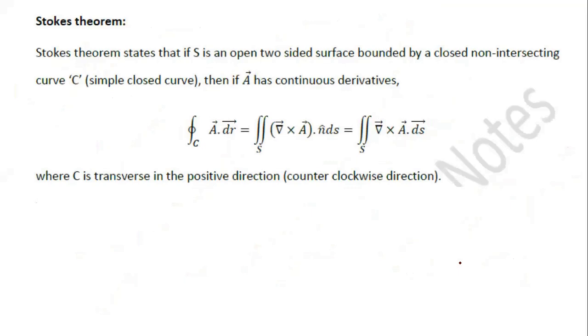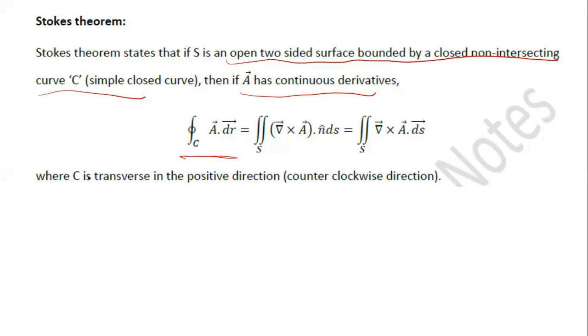So here, if I have an open two-sided surface bounded by a closed non-intersecting curve, and if A has a continuous derivative within such surface, then Stokes theorem says that the line integration of your vector function throughout the closed curve equals the surface integration of the curl of the vector field.